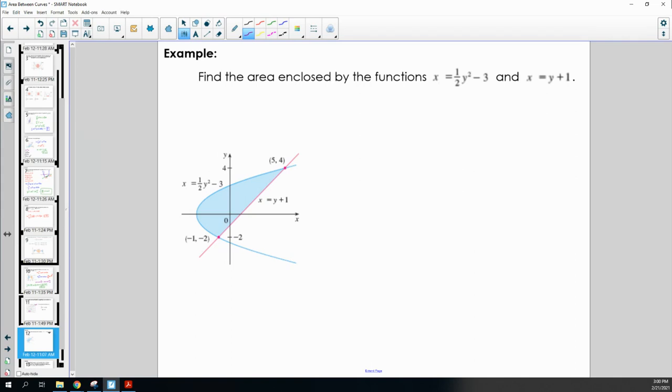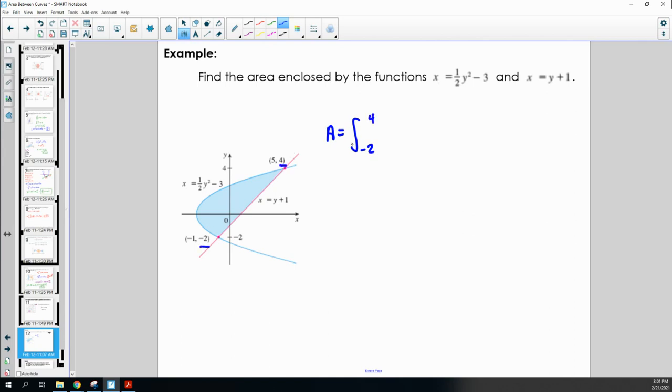Most of the time we'll be using top minus bottom, but here's a case where we're going to use right minus left because it's in terms of x equals already. So here we have the area equals the integral. We're doing the bottom to the top because we're doing the y values here, so it's going to go between -2 and 4.